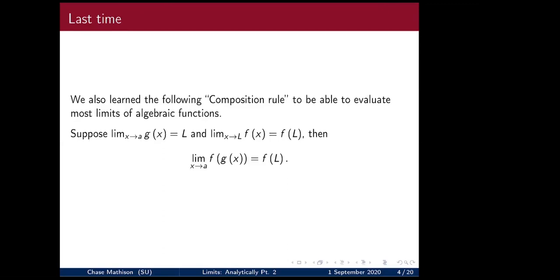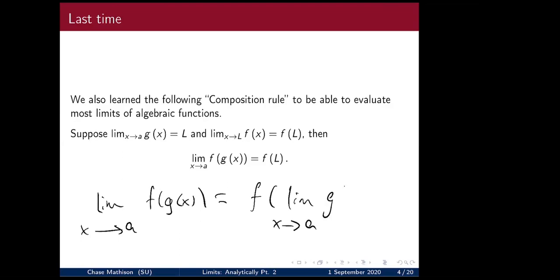All this is really saying is that the limit as x approaches a of f of g of x, if you're able to plug in x equals a, is equal to f of the limit as x approaches a of g of x, as long as f satisfies the second condition I have: the limit as x approaches L of f of x equals f of L. We're going to see on Thursday that this means f is what we call continuous.